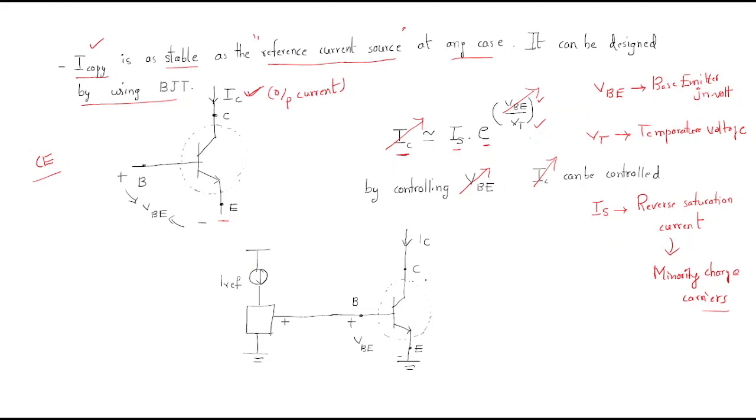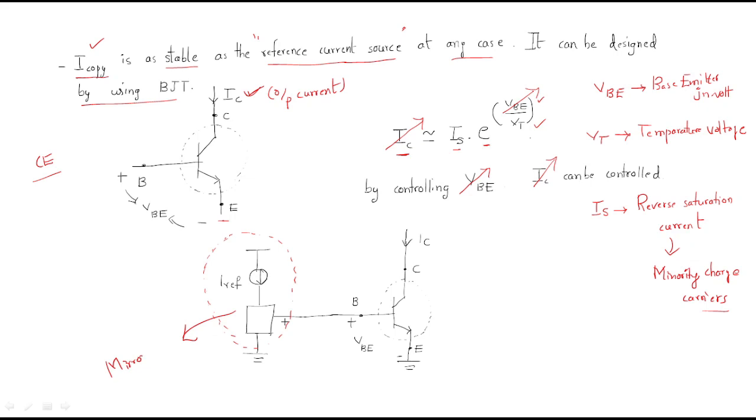That BJT consists of the collector current. So this collector current, this output current, can be controlled by this reference current. So this is our mirror circuit. We have to design this mirror circuit.